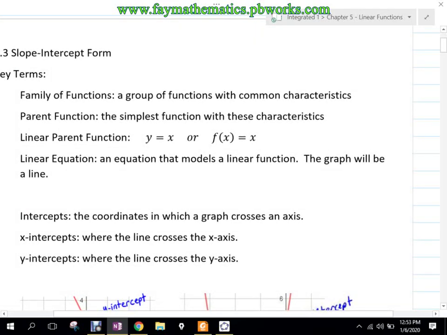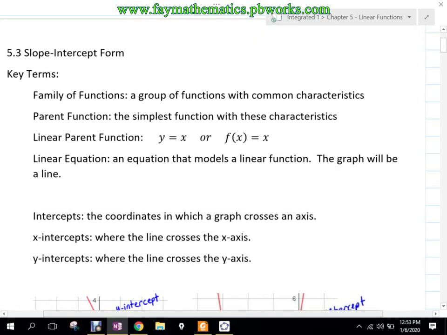Just some key terms as we go through an algebra progression from algebra 1 to algebra 2 to college algebra, you start talking about groups of functions, okay? And some groups of functions share similar characteristics. If you have a group of functions that share similar characteristics, you call them a family of functions, okay?